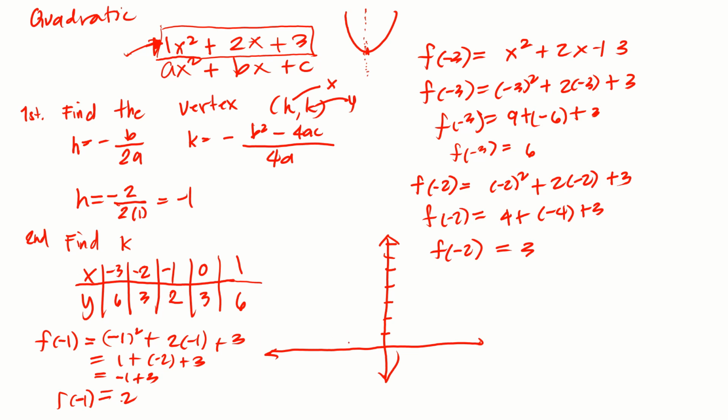And this is -1, -2, negative 3. This is 1, 2. So at point negative 1, the value is 2. Negative 2 is 3. Negative 3 is 6.